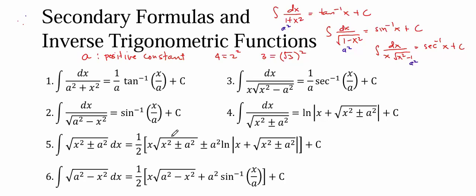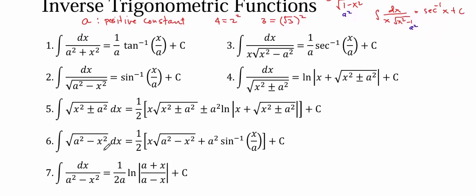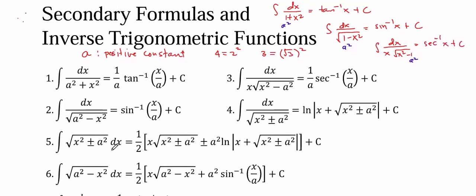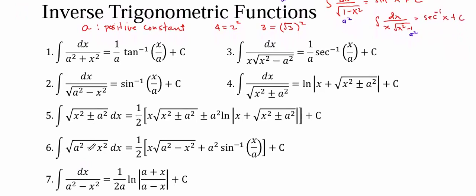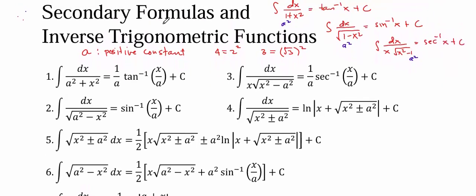The remaining formulas are called secondary formulas, or additional formulas. So 4, 5, 6, and 7 are called secondary formulas. These are the formulas not covered by inverse trigo.